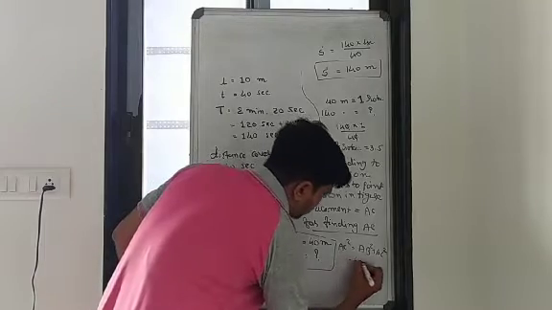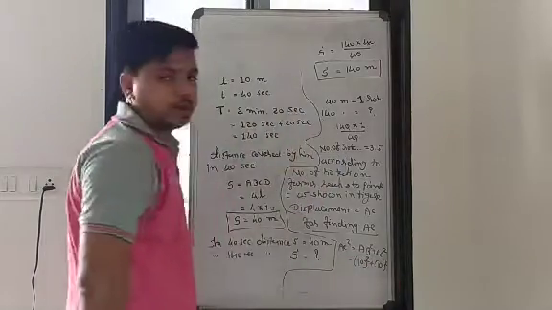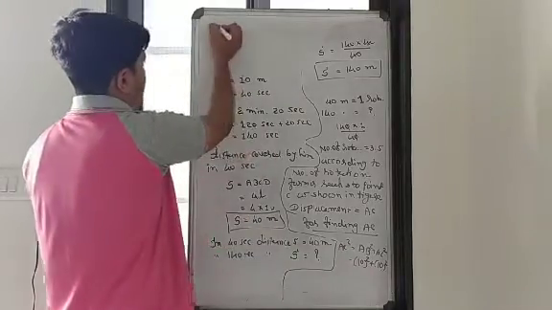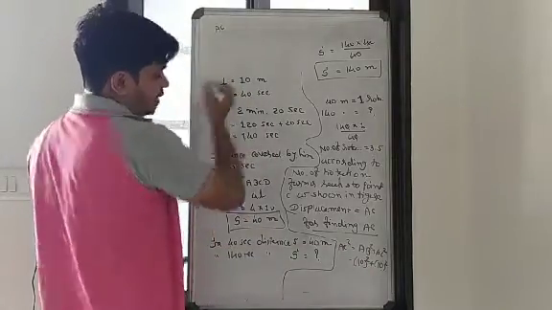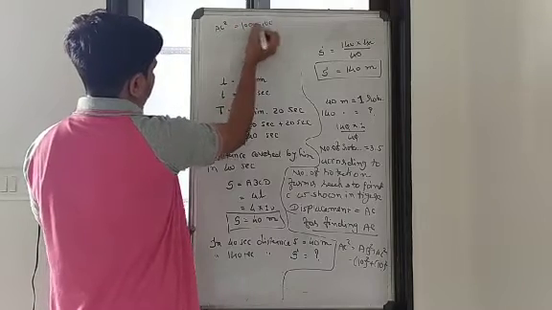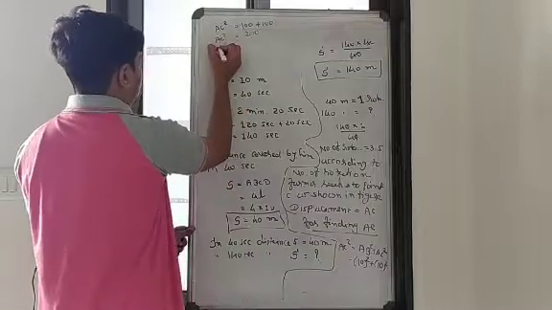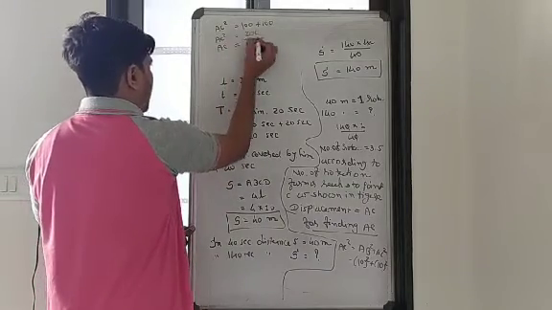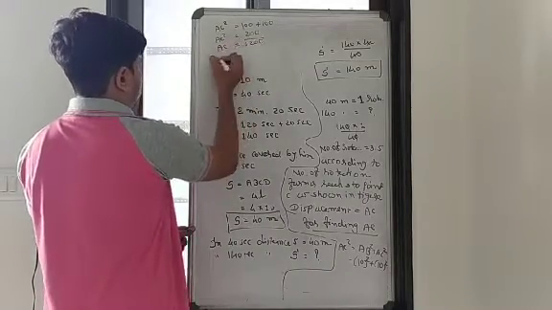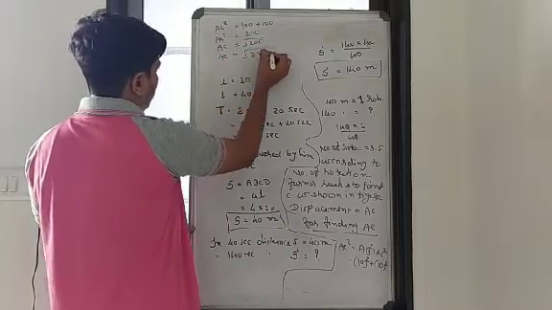AB is equal to 10 meters, BC is equal to 10 meters. So from here, just look here. AC square is equal to 100 plus 100. So AC square is equal to 200. So AC is equal to square root of 200. So AC is equal to square root of 2 into 100.